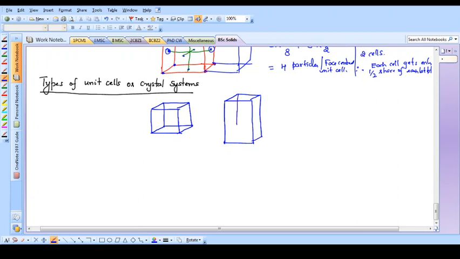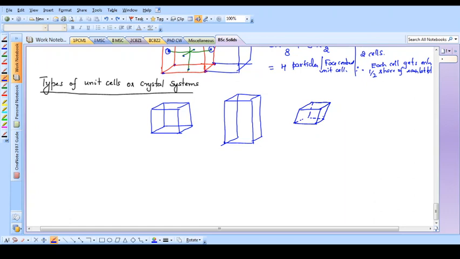Okay, or a unit cell in a crystal may look something like this, which are obviously not having cubical shapes. Okay, not having cubical shapes.